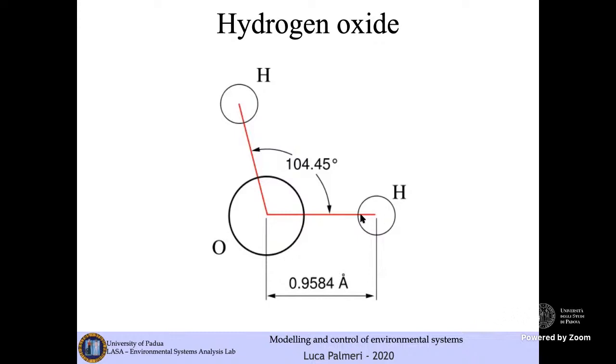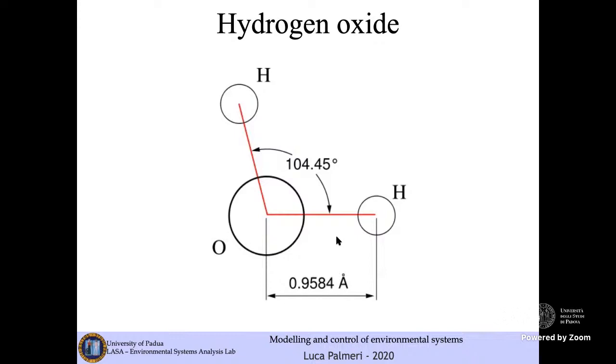So the hydrogens are almost 1 angstrom distant from the center of the oxygen. An angstrom, I remind you, is 10 to the minus 10 meter. So it's a very small distance compared to the macroscopic world, but of course quite a large distance compared to microscopic conditions.